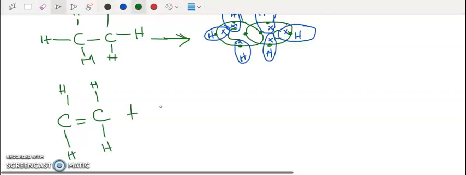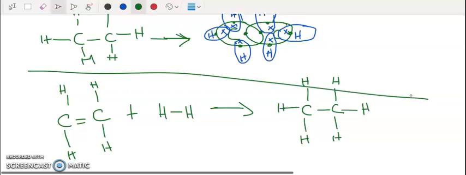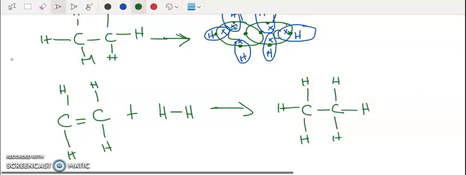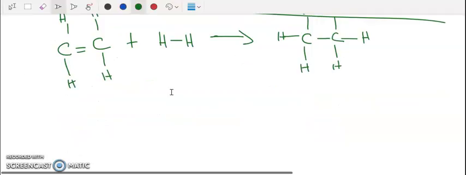Then we've got plus hydrogen, and we've got, gives us the huge molecule. Okay, so we know how it is. I'm not very good at drawing lines.